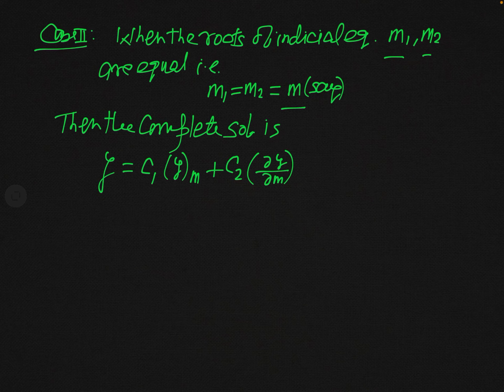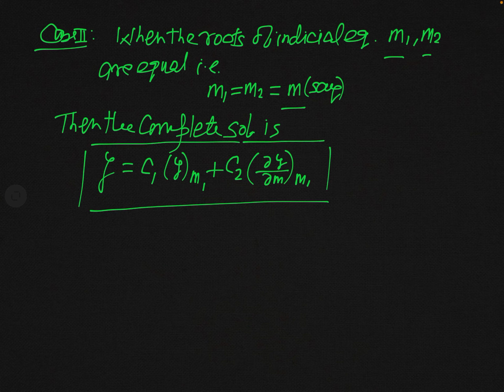After finding del y by del m, we will put m equal to m1, because here m1 and m2 are both the same, and this will give the complete solution in this condition.